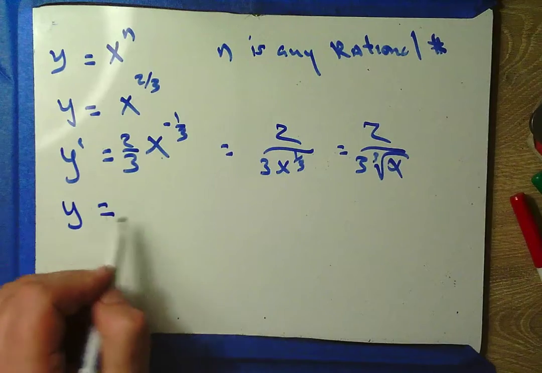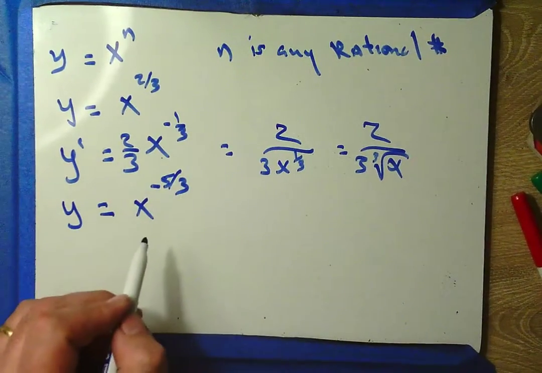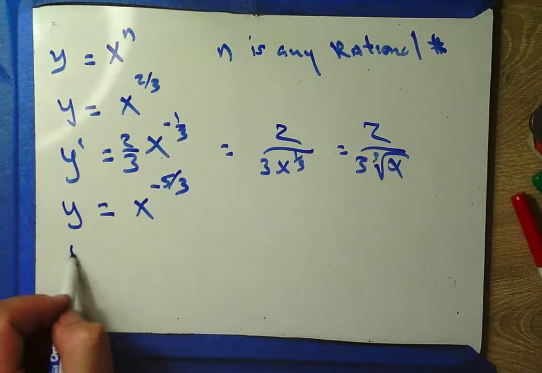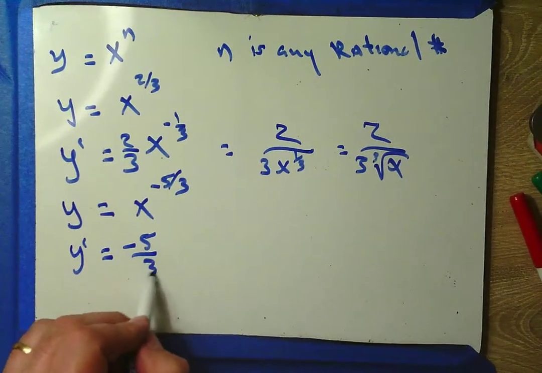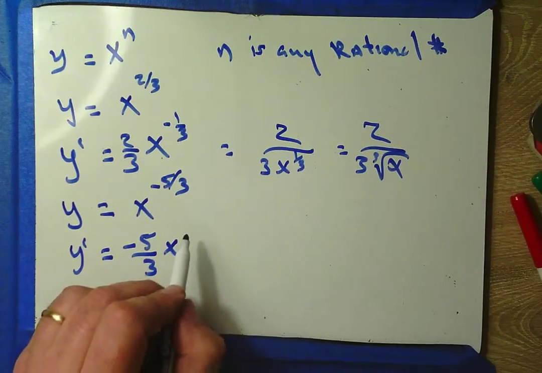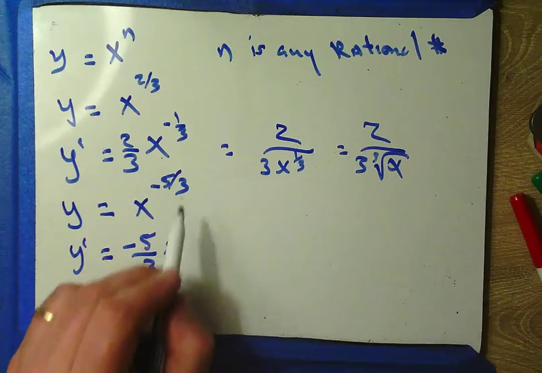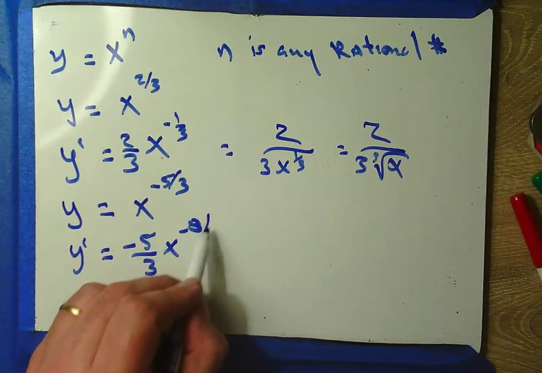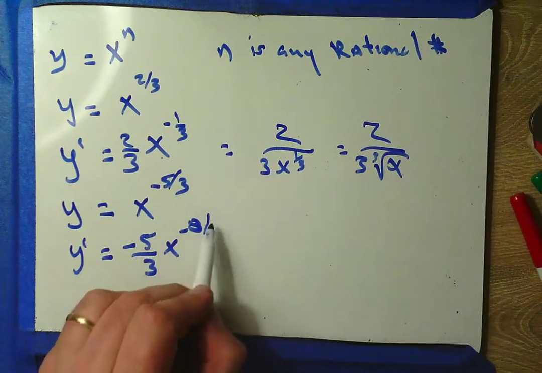How about this one? If y equals x to the negative 5/3. Okay, I bring down the negative 5/3 when I take the derivative, and I subtract 1. Negative 5/3 minus 1, which is negative 5/3 minus 3/3, or negative 8/3. Oops, not 8/8, but 8/3.